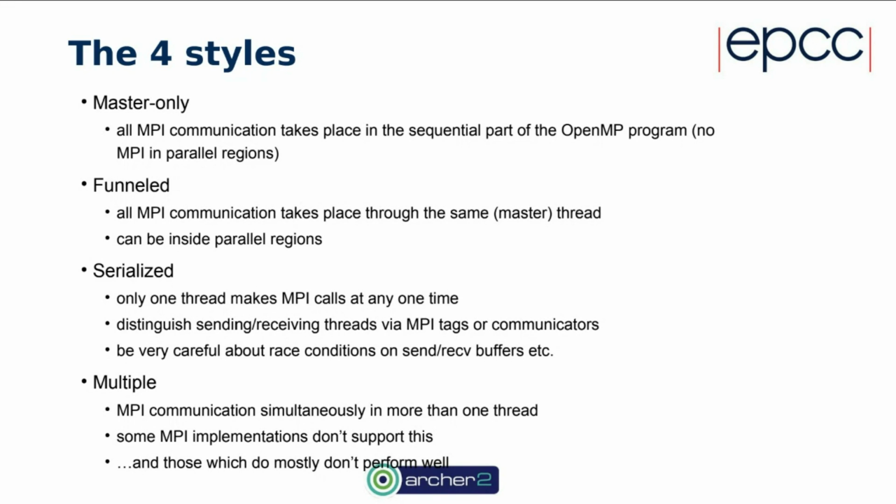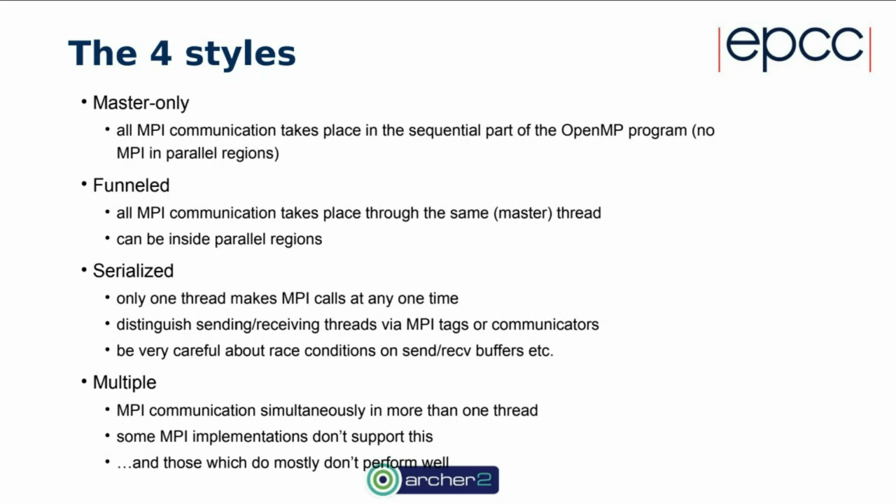Third one is called serialized. This is where only one thread at a time makes MPI calls. But this then becomes tricky because if we have multiple threads calling MPI, we need to have some way of distinguishing the sending and receiving threads to MPI. And this has to be done through MPI tags or communicators.